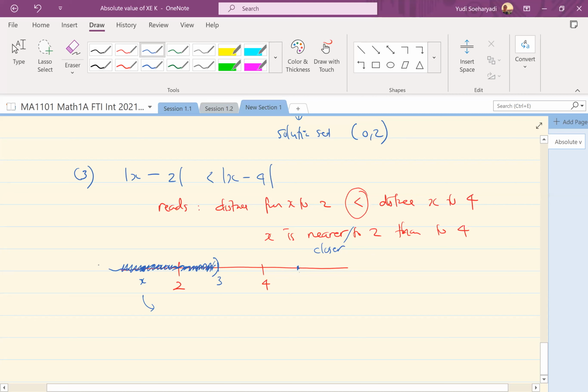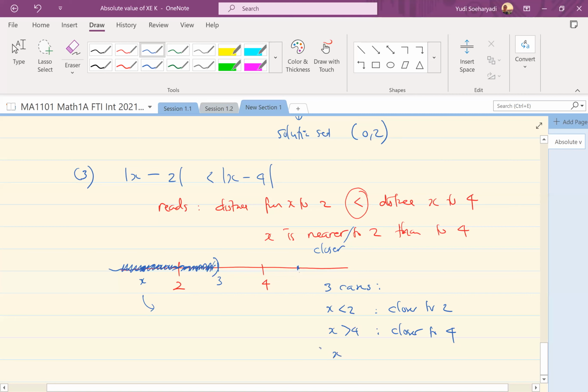Okay. So that is the easy way how to solve this one geometrically. So minimum computations. So three cases, right? To the left, this is closer to 2. Okay, so for x bigger than 4, this is closer to 4.